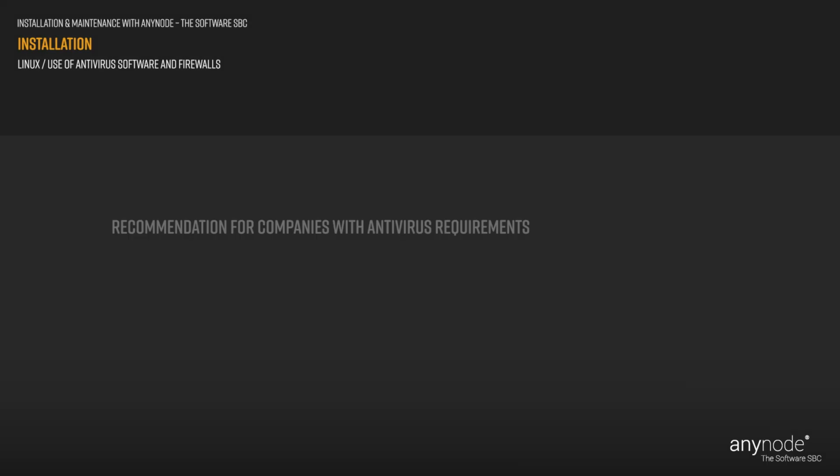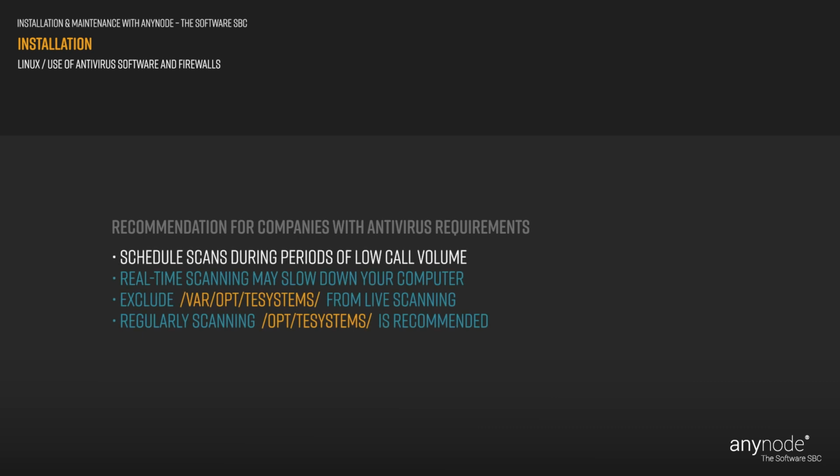Use of antivirus software and firewalls. We recommend that companies with an information security policy requiring antivirus programs on all servers review the following recommendations. Ideally, the operation of anynode should not be hindered by antivirus software. We suggest scheduling scans during periods of low call volume.